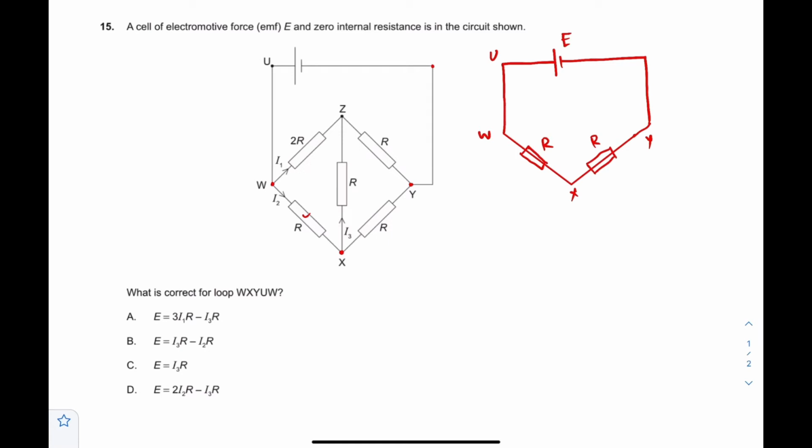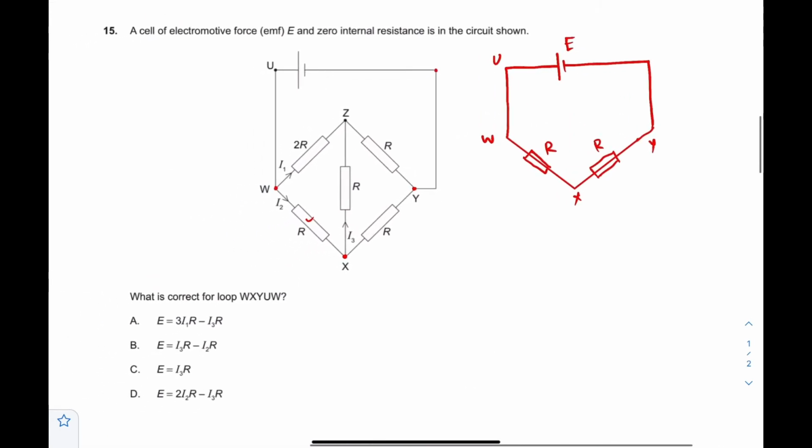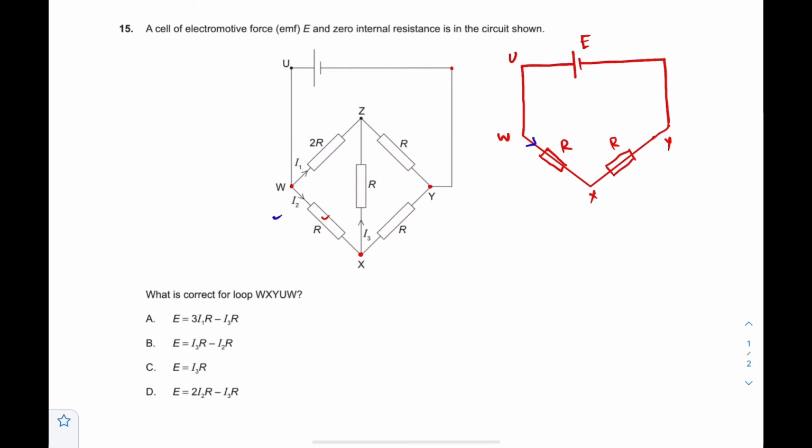Now we need to show the currents in the loop. In this loop, the current that is flowing is given as I2. Now it has given that from the junction X there is a current I3 in this direction, but no current is given in the loop XY.